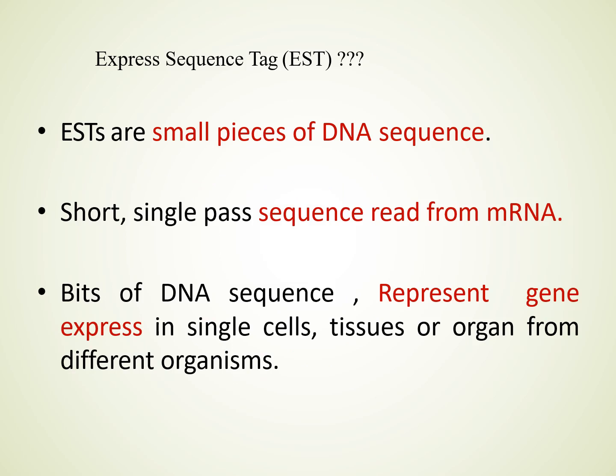So EST, that is Expressed Sequence Tag, is a unique stretch of DNA within a coding region of a gene that is useful for identifying full-length genes and serves as a landmark for mapping. EST is also called sequence tag site, that is STS, which is derived from cDNA.